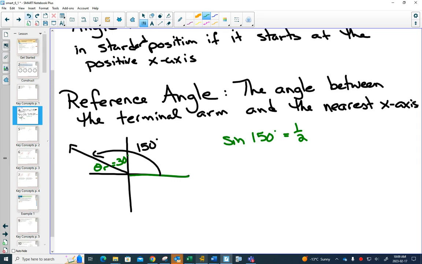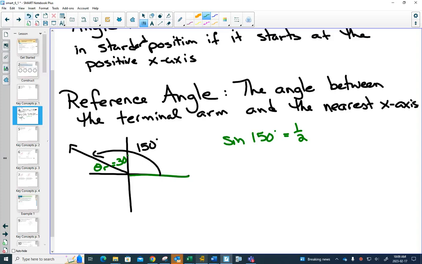It's impossible. So how do we get that sine of 150 degrees? Because you learned in grade 10 that the definition of sine was the opposite side over the hypotenuse on a right angled triangle. That's what sine means. But if I have 150 degrees, I cannot draw a right angled triangle.